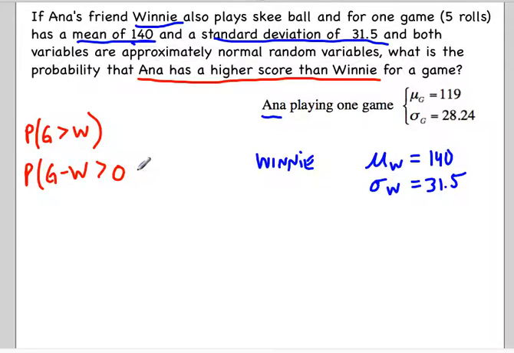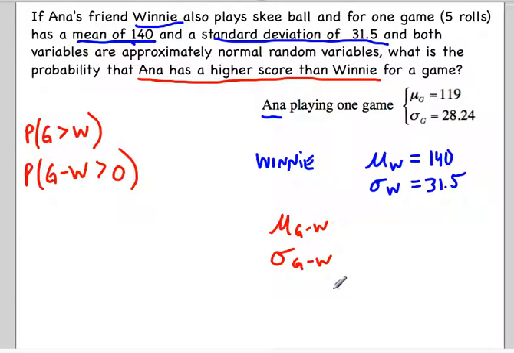Then that would be greater than 0. Now, do you see how we've got two random variables that we're subtracting? So we need to find the new mean for when we're subtracting G minus W. And we need to find the new standard deviation for when we're subtracting G minus W.